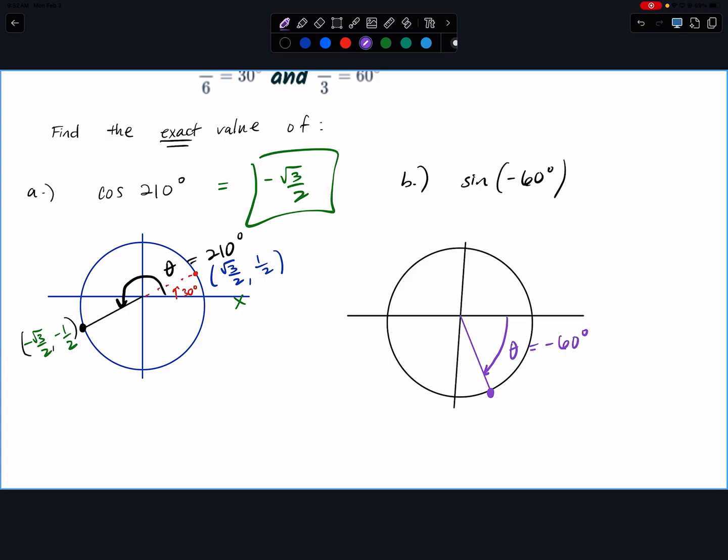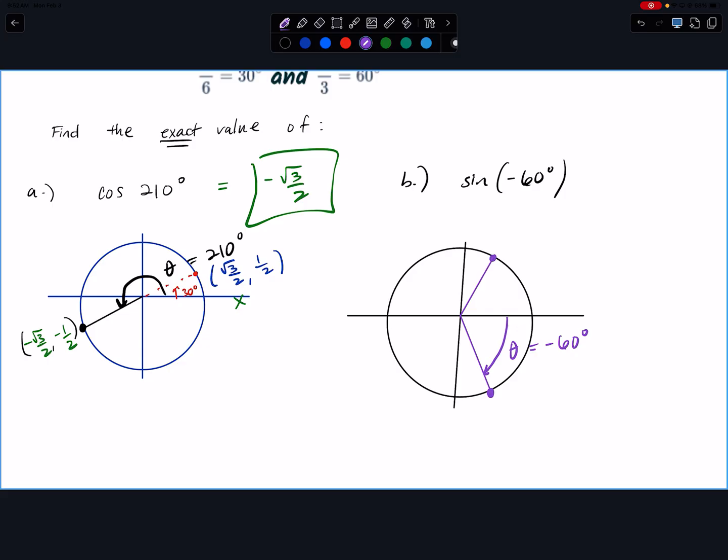So this is what I want you to think about. We're thinking about whatever angle is negative 60 degrees in this direction, but do you agree that this distance is still 60 degrees? Okay, so instead of memorizing this point, if we know what the 60 degree angle is in this quadrant, then it's going to help us out.